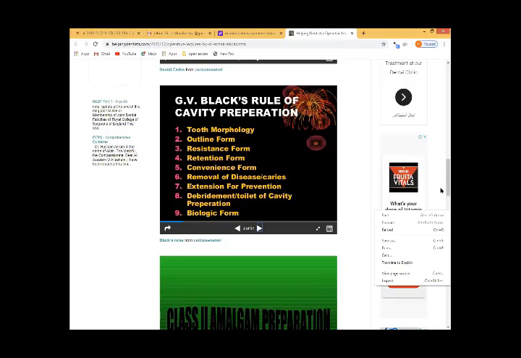Considering the proximal surface also as a class 1 cavity and applying all the rules for the class 1 cavity, when these two class 1 cavities join together, they make a class 2 cavity, and we say that this is a class 2 cavity.